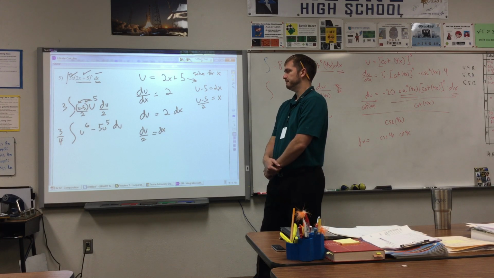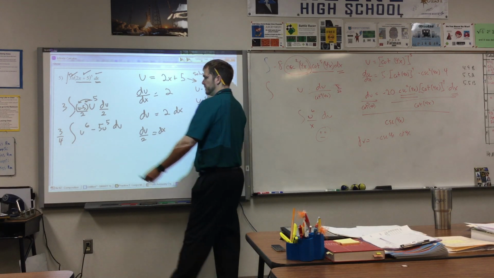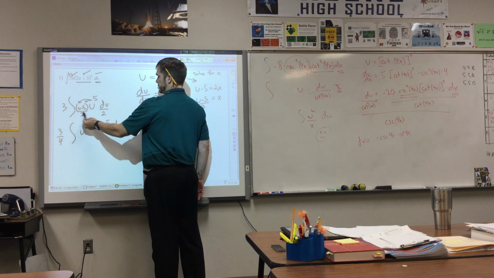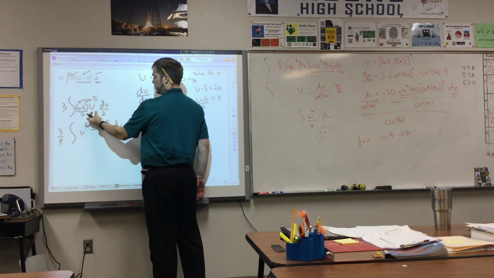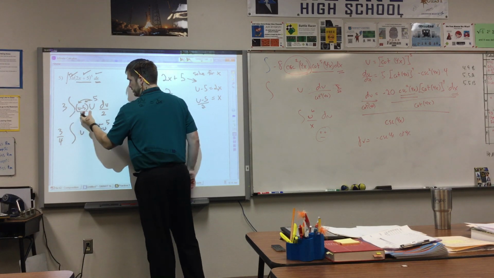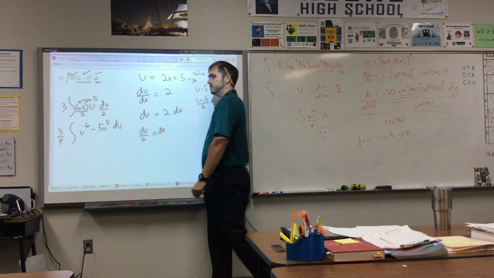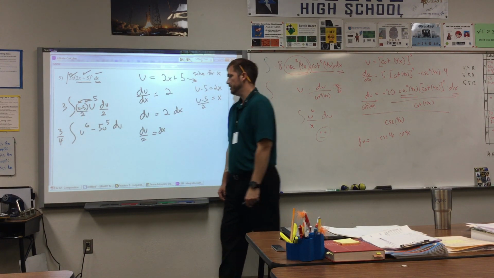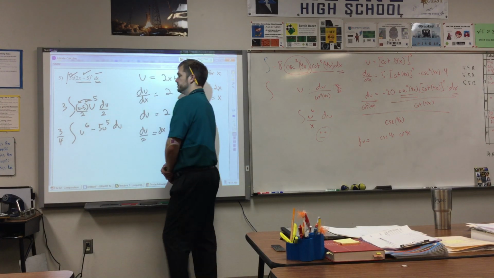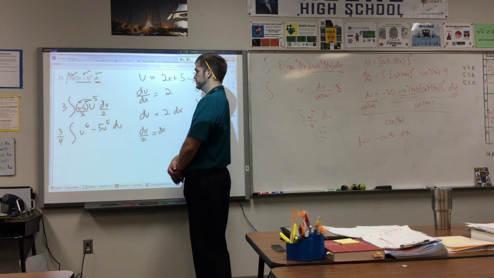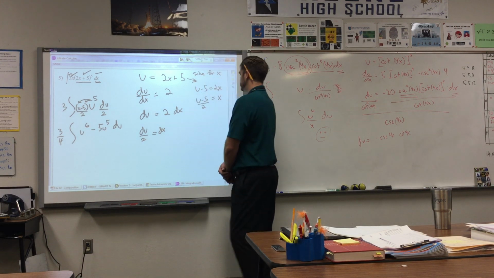Where did we get the 3 over 4? I have a fraction, 2 times 2 is 4, and if 4 is a dividing term, it's the same thing, so I can pull that out front as a constant multiple. Why is there no 5 on u over 2? I thought it was u minus 5 over 2. You see dx?